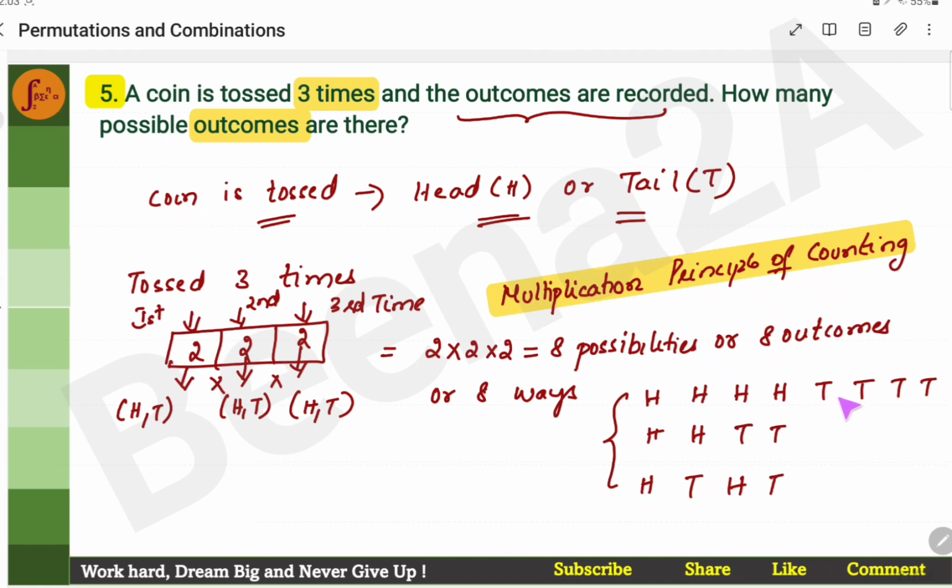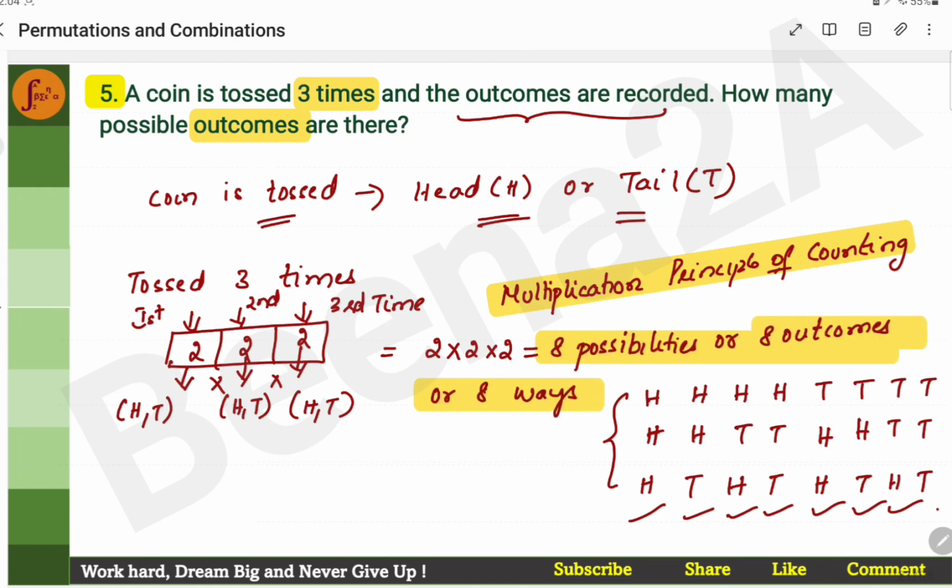So there are 8 different outcomes, the same as we got using the multiplication principle of counting.